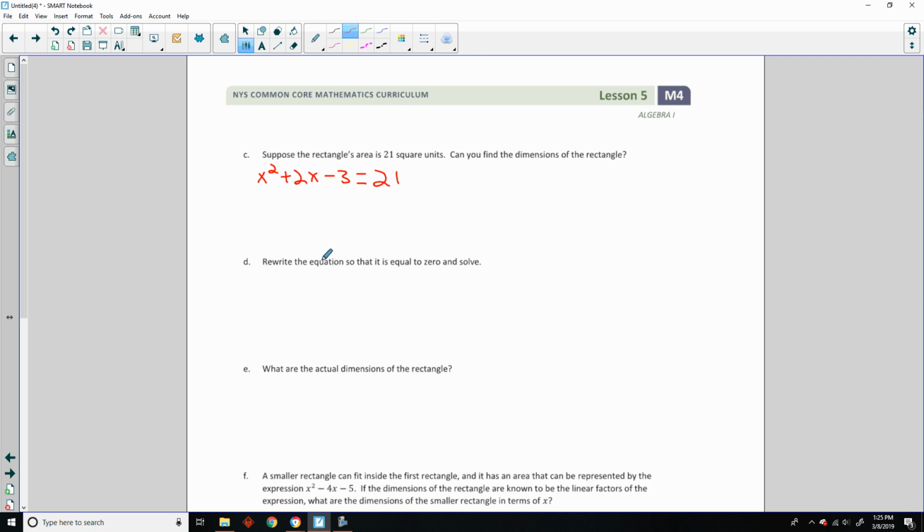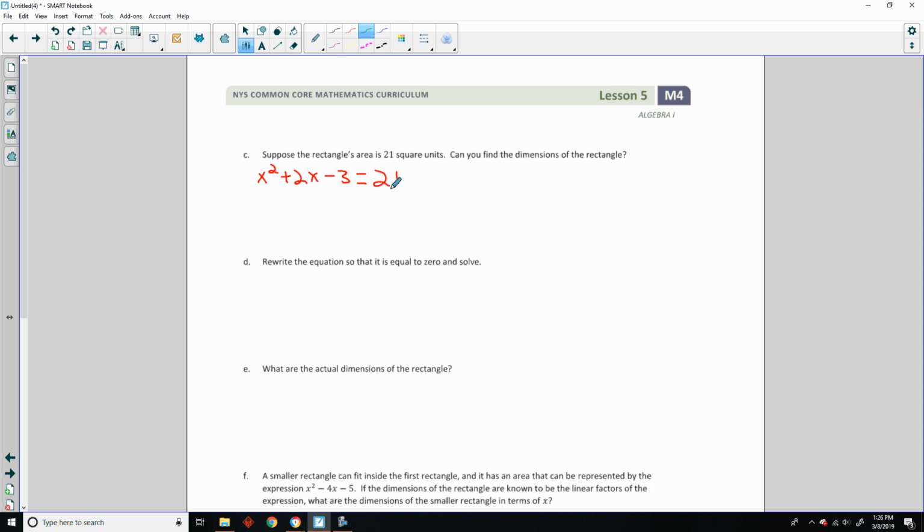Okay, then D says to rewrite the equation so that it is equal to 0 and solve. We cannot solve quadratic equations unless they're equal to 0. We want them equal to 0 because we're trying to find what values of x will make the equation 0, and that leads up to graphing and finding roots or solutions or zeros to the problem.